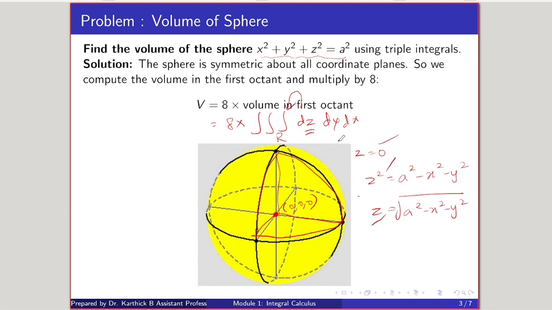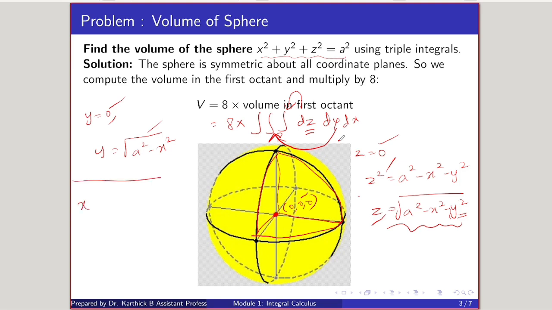Then if you go for y, I have told you that every lower limit will be 0. So you just take this and equate z to 0. Then you will get the value of y as square root of a square minus x square. So this will be the upper limit, this will be the lower limit.